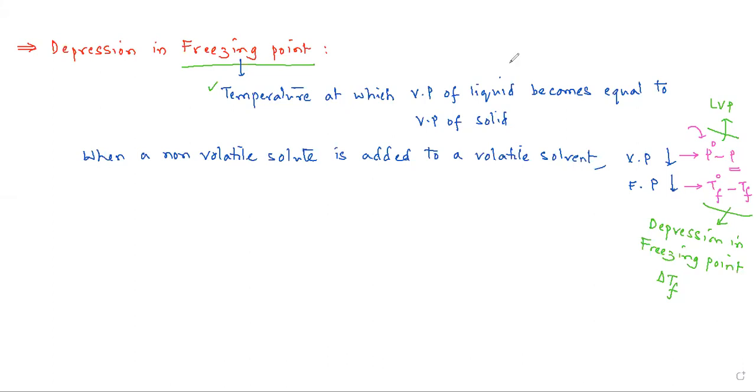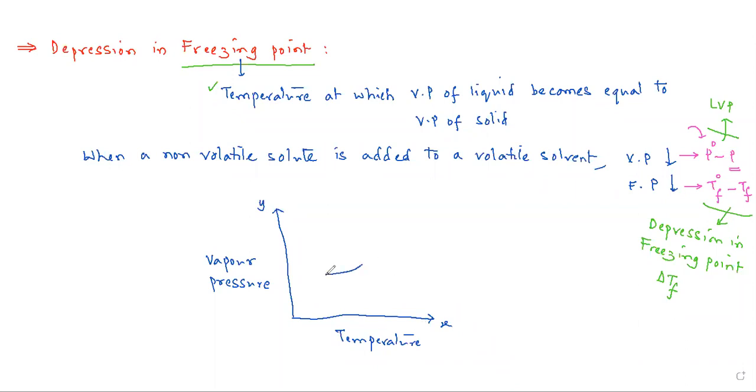Now let us show the same graphically. Vapor pressure is taken on y-axis, temperature on x-axis. So as usual, we get an exponential curve.